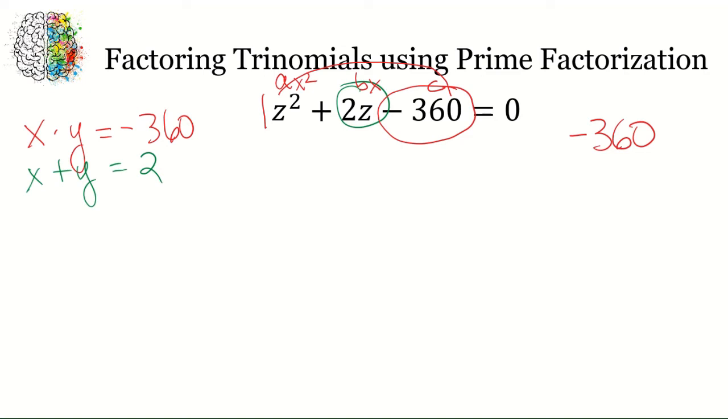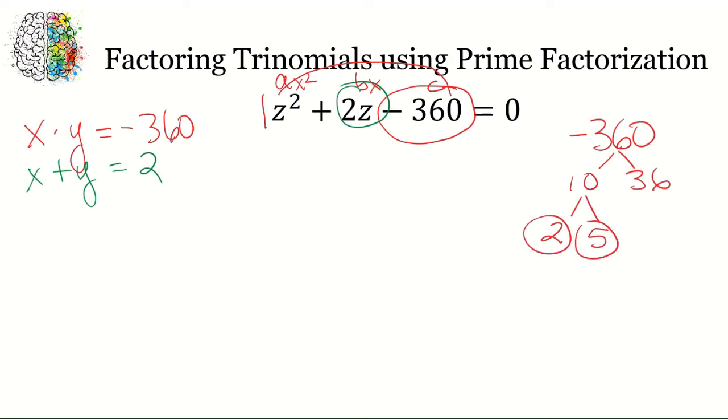So let's go ahead and use our prime factorization tree to help break this down. I know that it ends in a 0, so that tells me it can divide by 10. So 10 times 36. I can break my 10 down to a 2 and a 5. Those are both prime numbers.